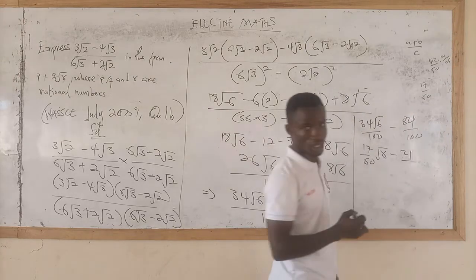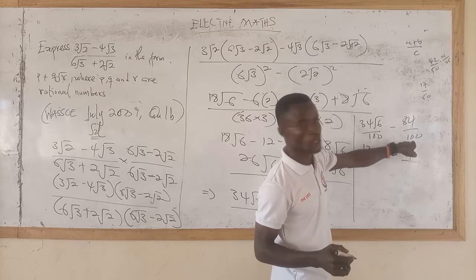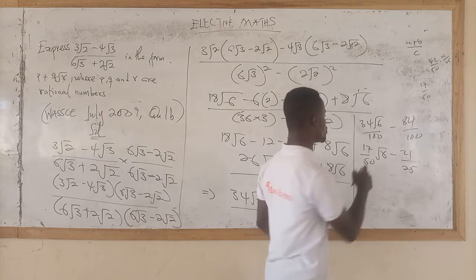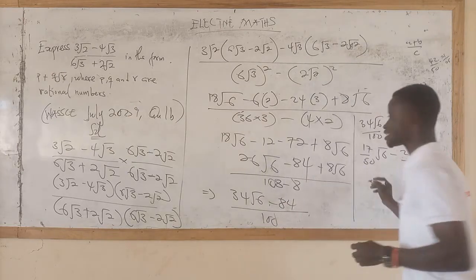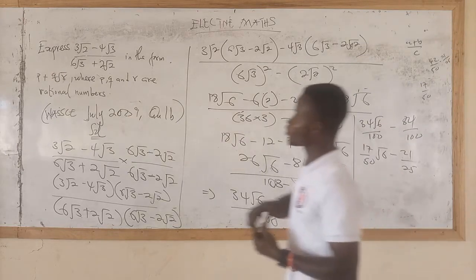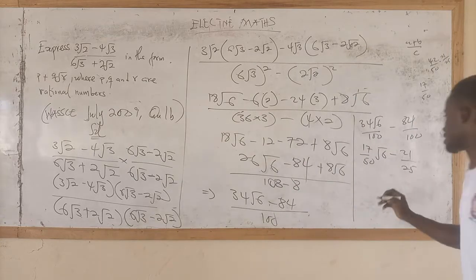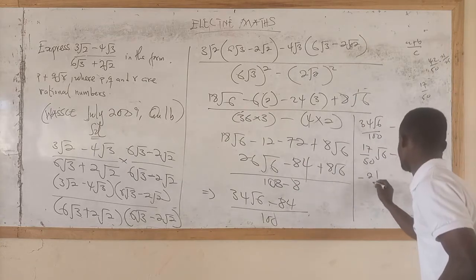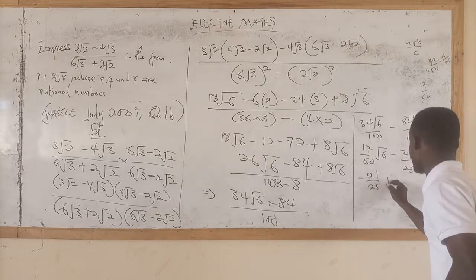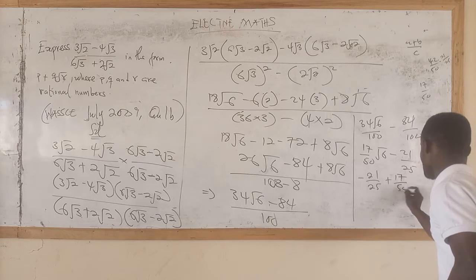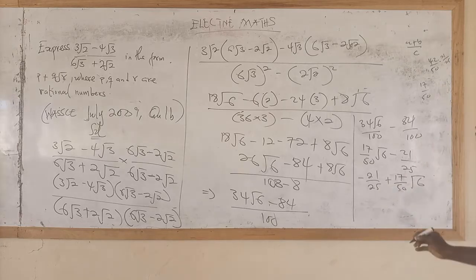And 4 into 100, you're going to get 25. So now you can see that you are at the form, or let me rewrite this. It's the same as negative 21 over 25 plus 17 over 50 square root of 6.